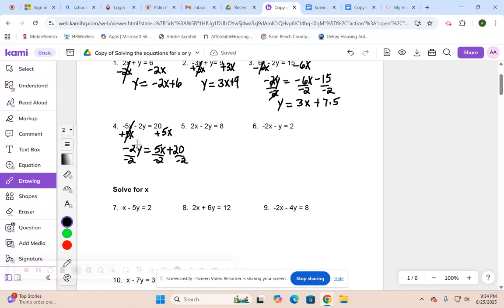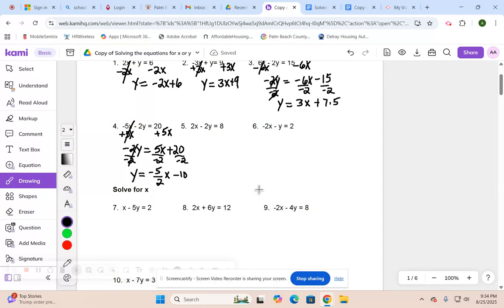So then our answer is going to be y equals, we can shift the negative to the top. It'll still be the same. Negative 5/2 x, and then 20 divided by negative 2 is going to be negative 10. And we have now solved it for y.